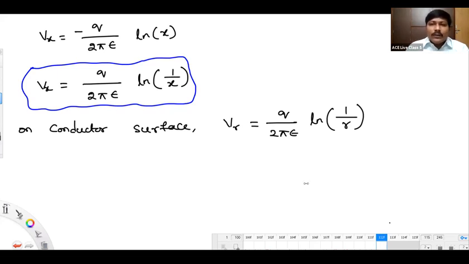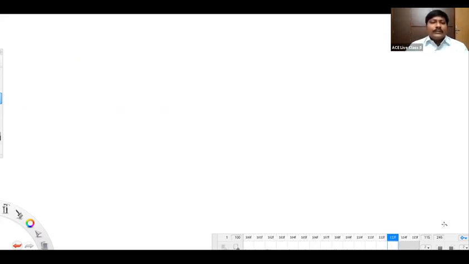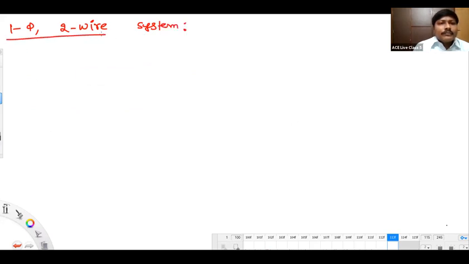Okay, yeah. So let's take up the single phase two-wire system. Capacitance calculation for the single phase two-wire system.